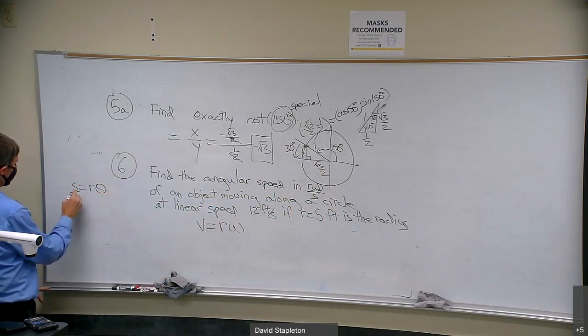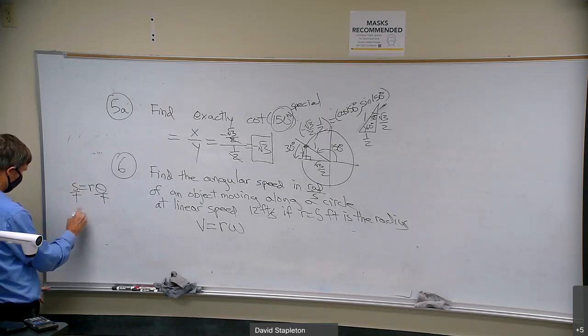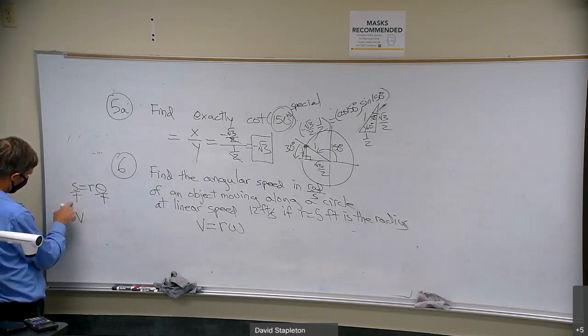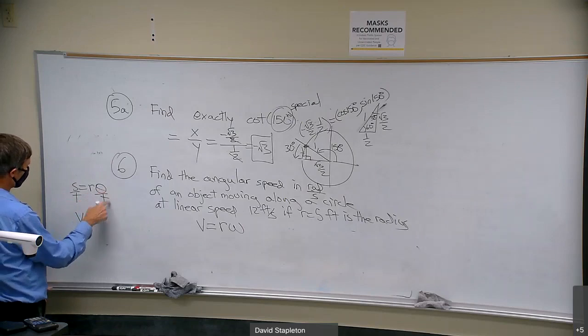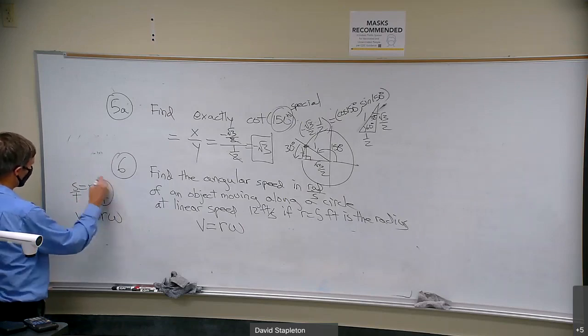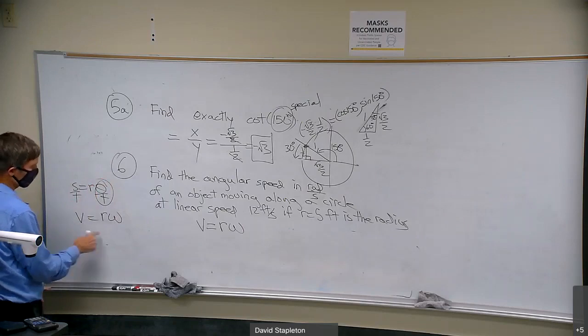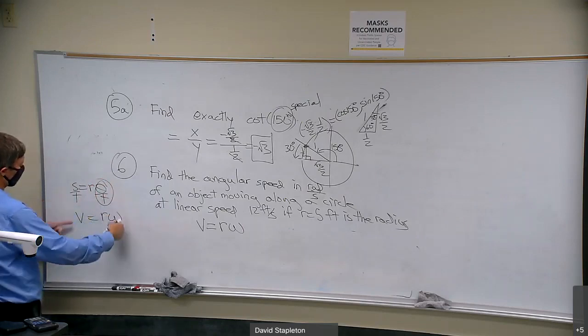If you divide each side by t, s, the arc length, is distance, and distance divided by time is speed. And then theta divided by time is what we call angular velocity, usually written omega. So when the equation is v equals r omega, you can just figure it by dividing this one by t, right?